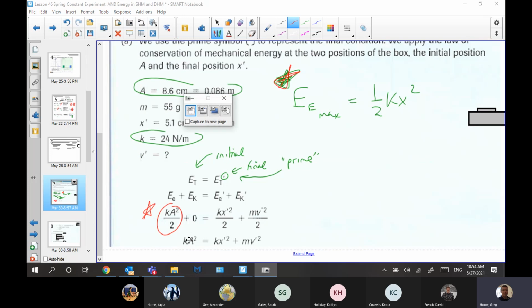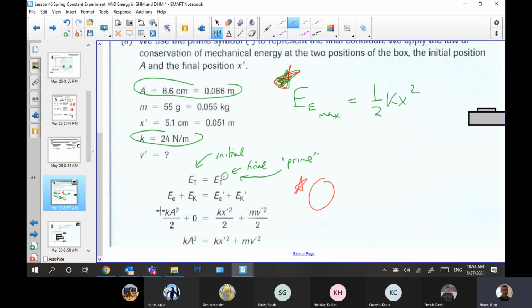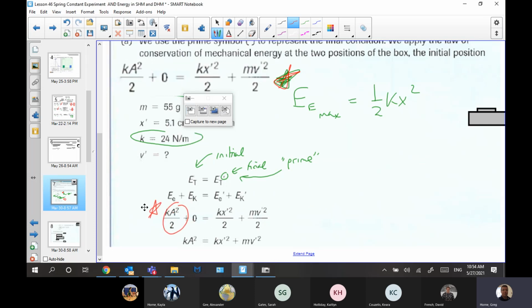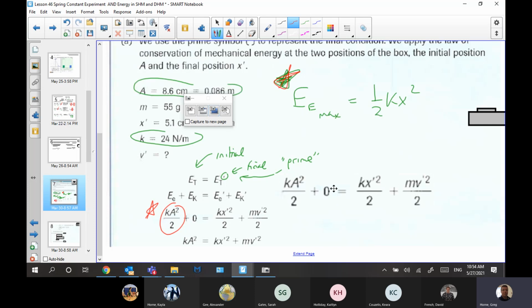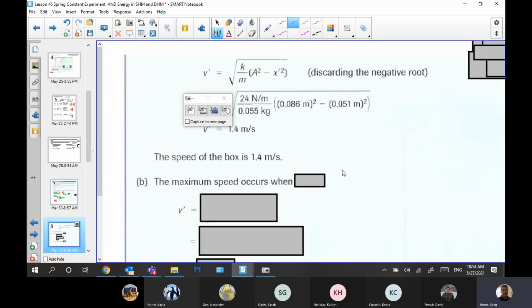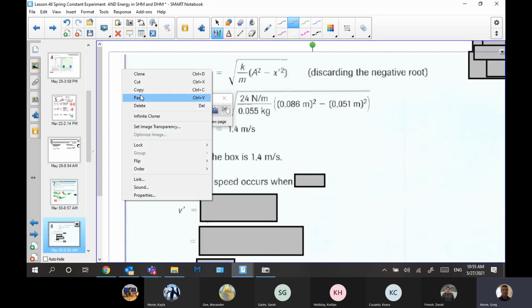So if I were to screen capture that, sometimes there's a little bit of working smarter instead of harder, like the idea of getting rid of the 2's and so on, but it's really not that big of a deal, with calculators being fairly easy to push buttons on, of course.